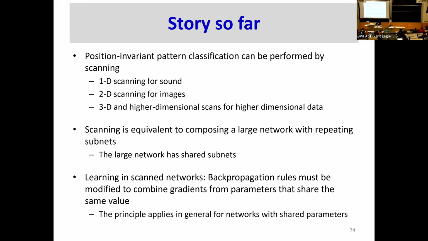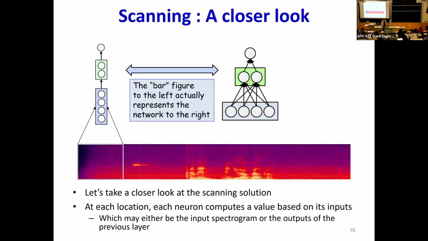And scanning is equivalent to composing a large network and repeating subnets. And learning basically must be modified to combine the gradients from parameters which have the same shared value before you perform the update. So, everybody with me so far?